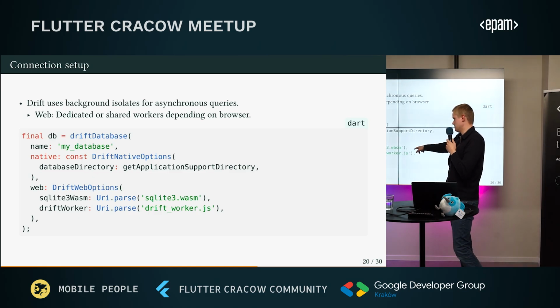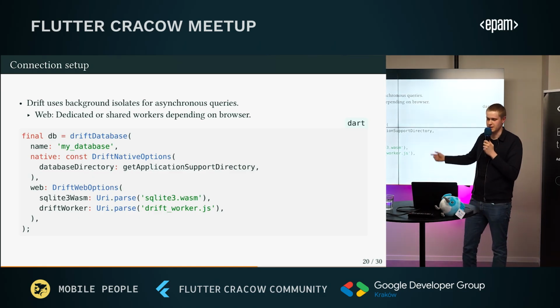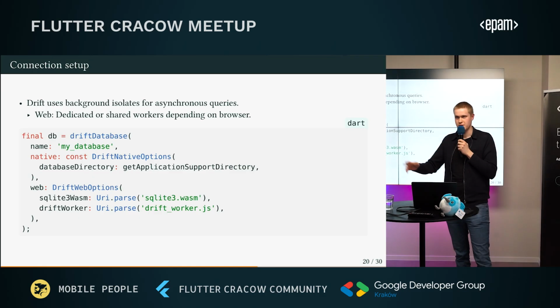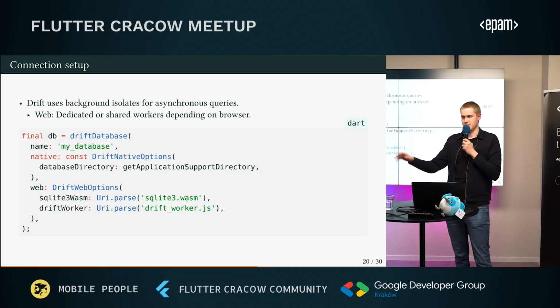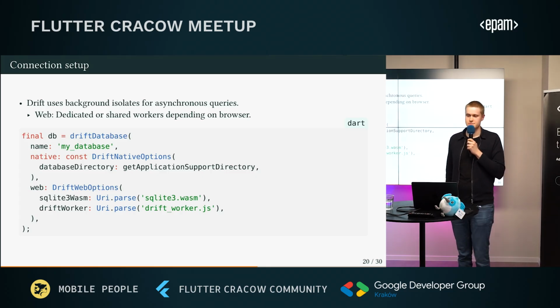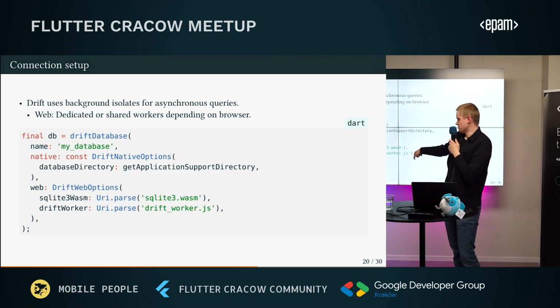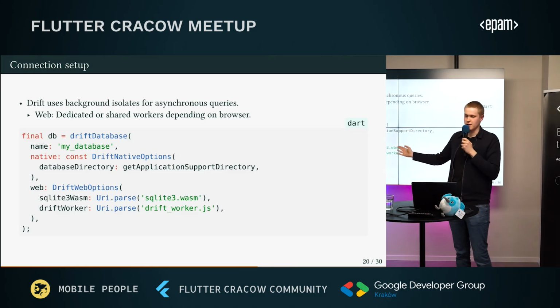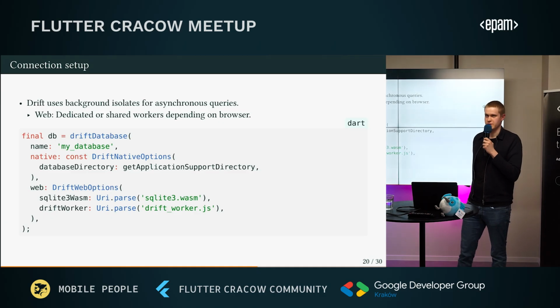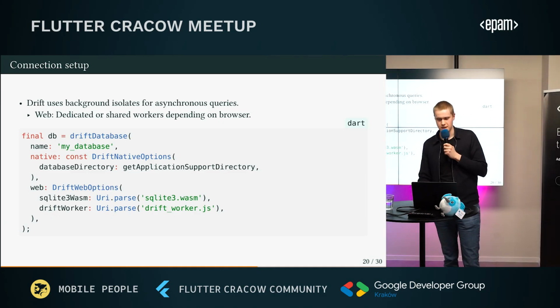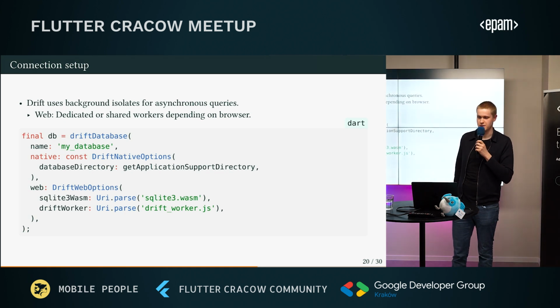You have to download the SQLite library as a precompiled WebAssembly file, and you have to download the actual worker that will make SQLite functionality available to you. But once you give Drift those URIs, there's a single function that gives you a reasonable default configuration for Drift across all platforms. Those are the features I wanted to talk about in Drift.